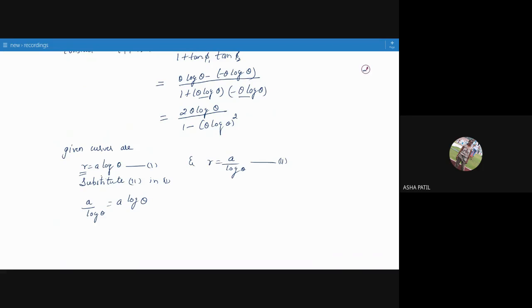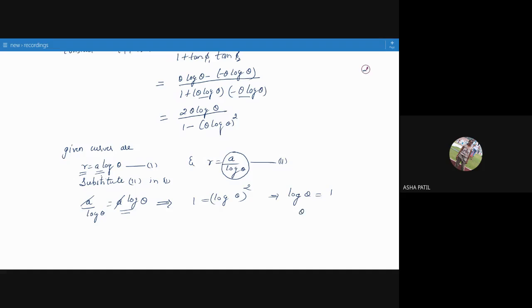For this r, we are substituting the value of a log theta. So it becomes a upon log theta equal to a log theta. Now what does this imply? A cancels from both sides. 1 is equal to log theta whole square, or we can write that log theta is equal to 1.